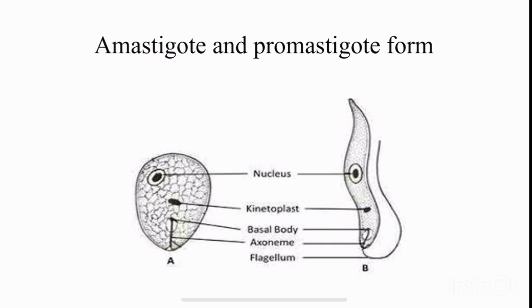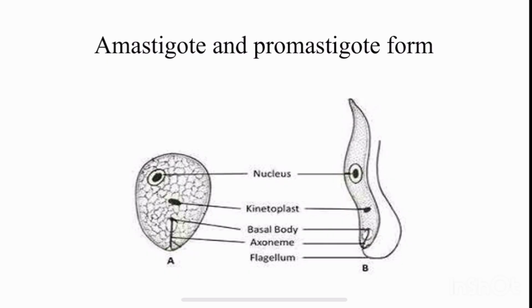Here, as you can see, are the two forms we discussed earlier, the amastigote form and the promastigote form. Remember, the amastigote is non-motile, or amotile, and the promastigote is motile because of its flagellum.